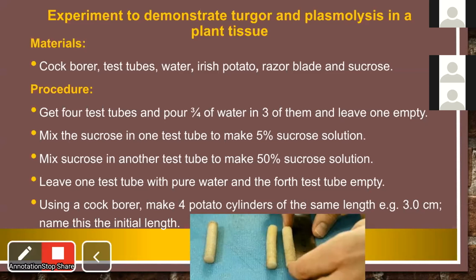Maybe you cut part of a fruit, you cut part of a root, you cut part of the stem, and you place it in any one of those three types of solutions. So we have identified the three types, and we are comparing the concentration of these solutions to that of the solution found inside the tissue.